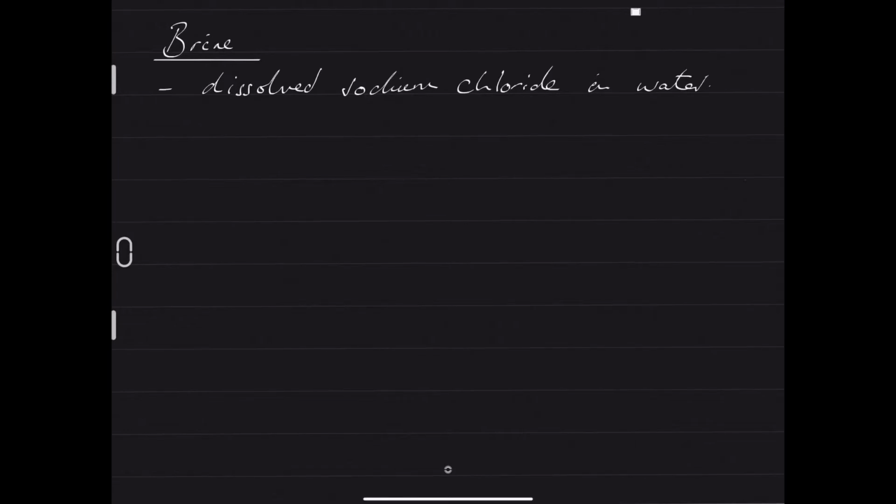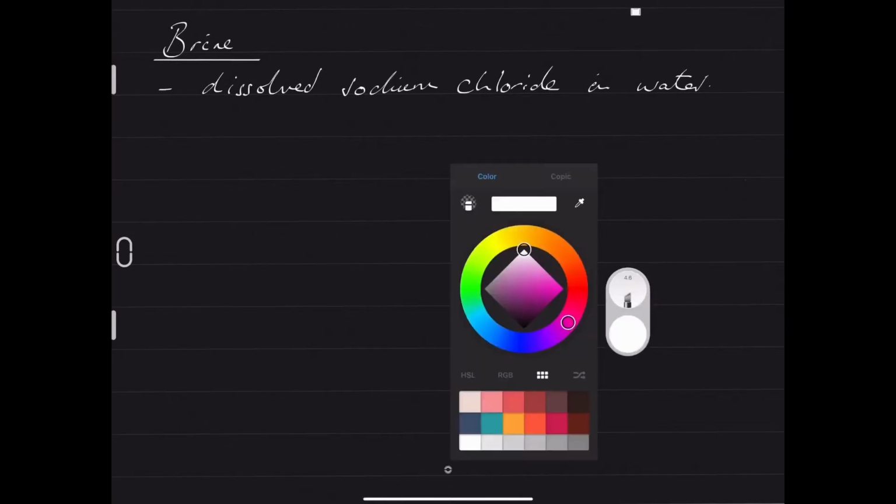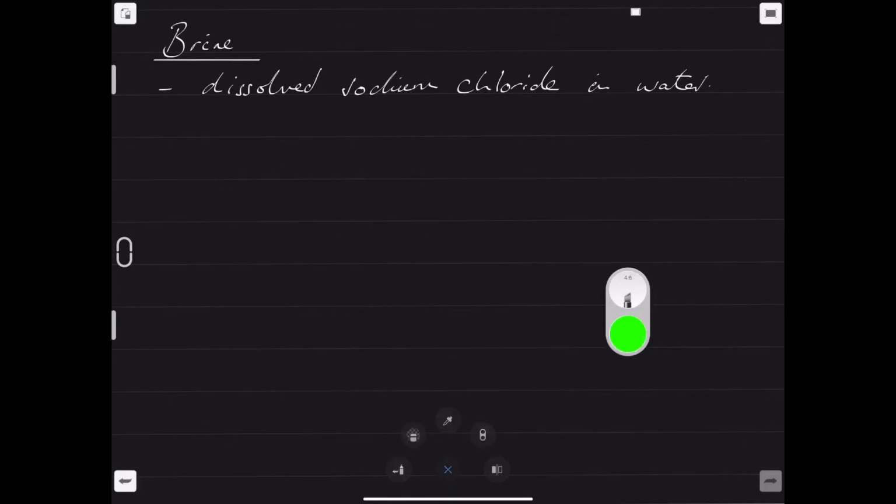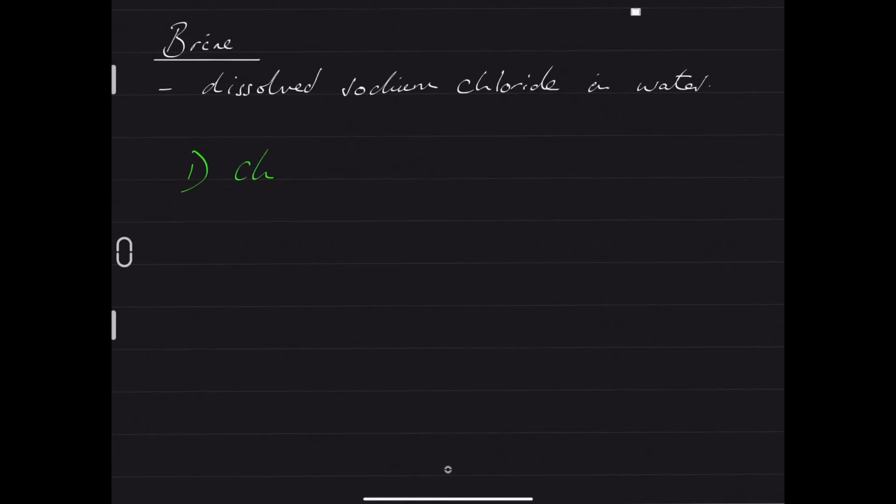When we perform electrolysis on brine, we are going to get 3 products. And these 3 products are very useful because they are used to make other chemicals. So the 3 products that are formed from the electrolysis of brine are: 1, we've got chlorine gas.